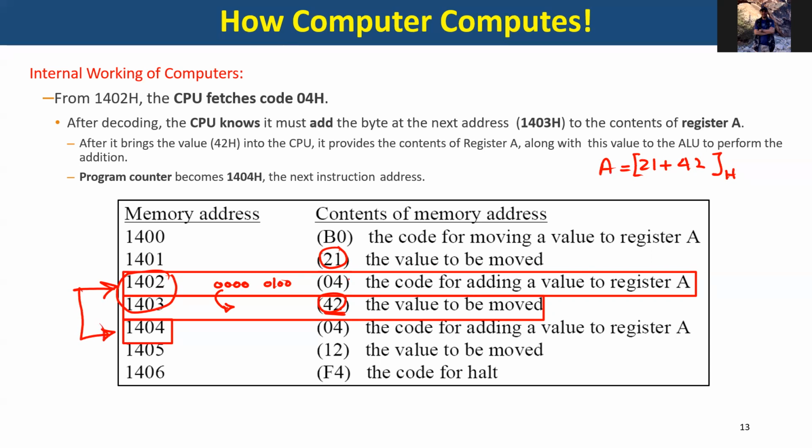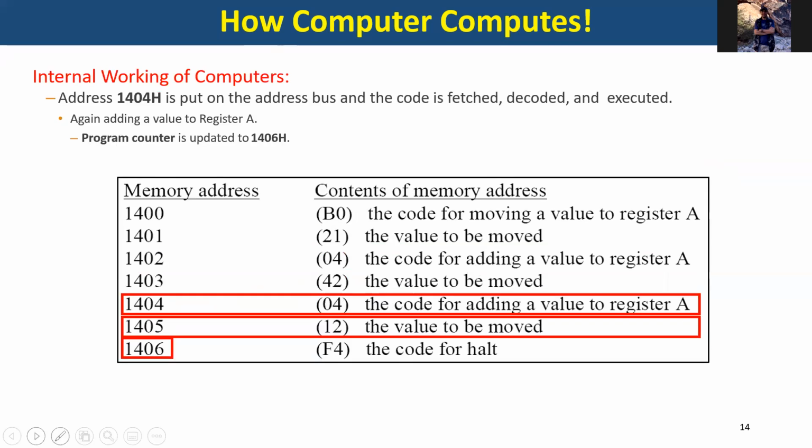So once we finish processing that addition, we go and fetch what's written in 1404. Once we finish the first addition, the program will go to 1404 and grab the next instruction, which is again 04, which means add something to A. Where is this number? This number should be in the next location.